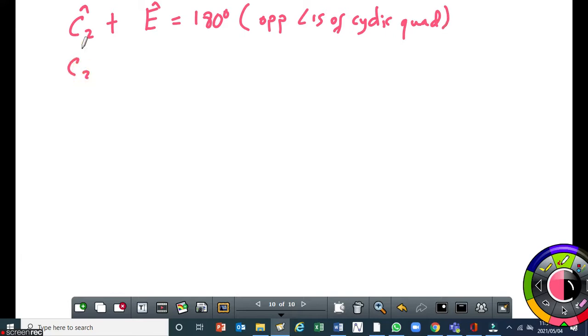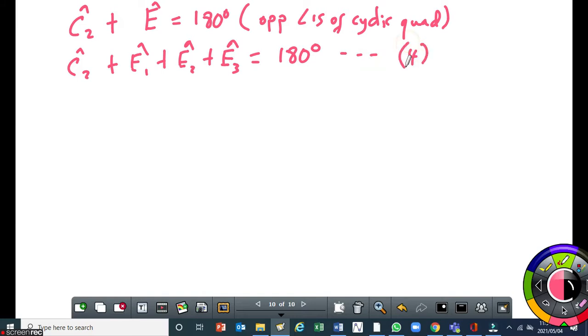So I can write that as C2 plus E1 plus E2 plus E3 is equal to 180 degrees. So that equation, I can call it equation 4.